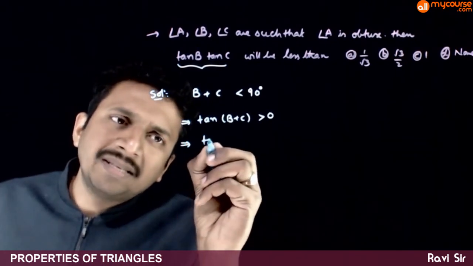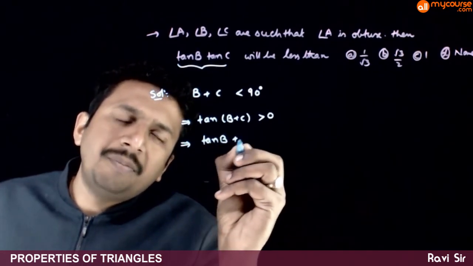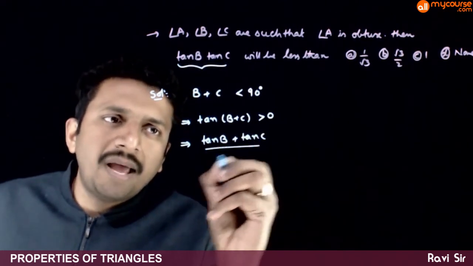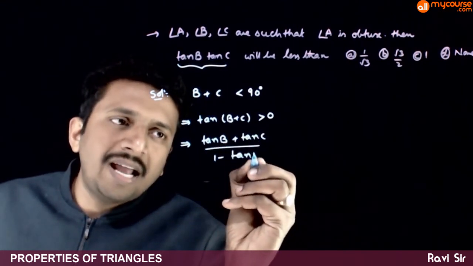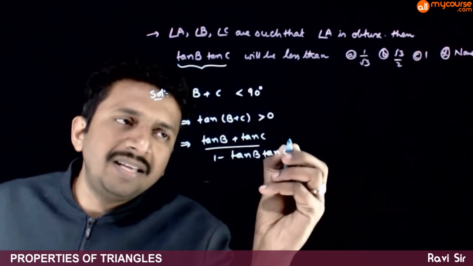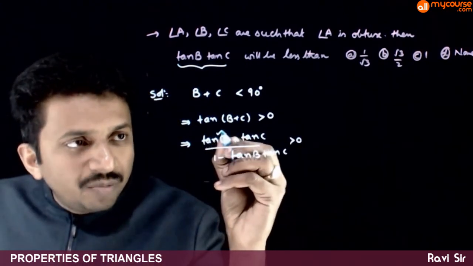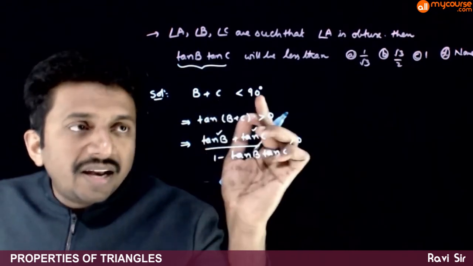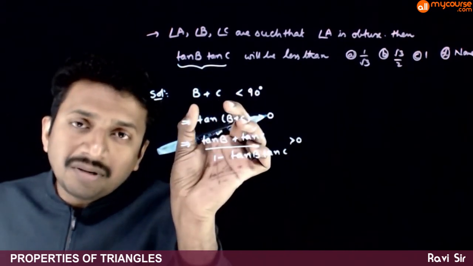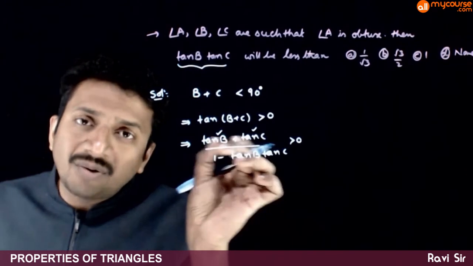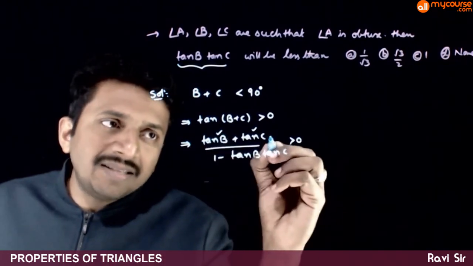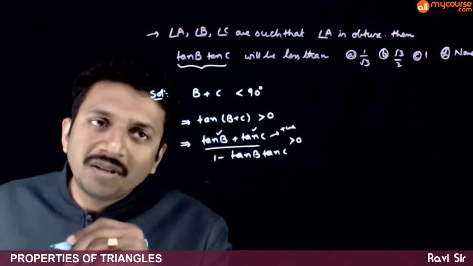And this implies (tan B plus tan C) by (1 minus tan B tan C) has to be greater than 0. And in the numerator, both B and C are acute angles because the sum is acute. Hence, each of these angles has to be acute. That means tan B and tan C are positive.